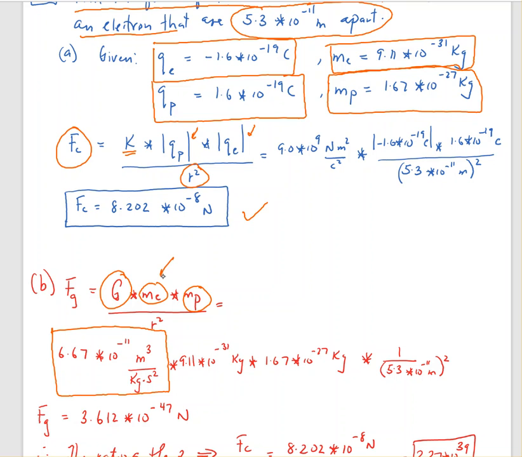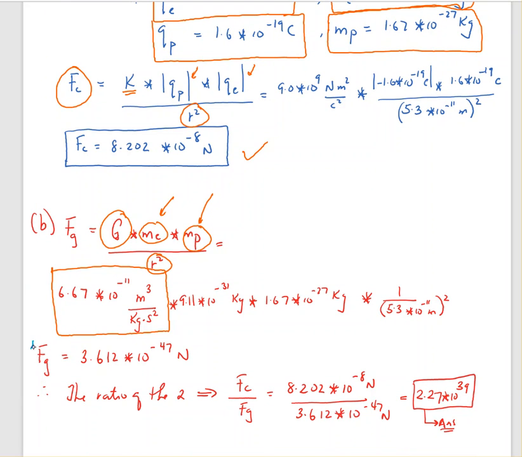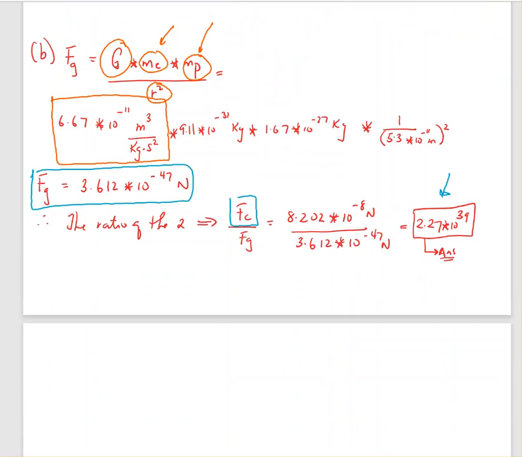When we plug in the mass of the electron and the mass of the proton, divided by the distance apart squared, we get the gravitational force of that value. So the ratio of the two, the Coulomb force divided by the gravitational force, is a very, very high number. Okay.